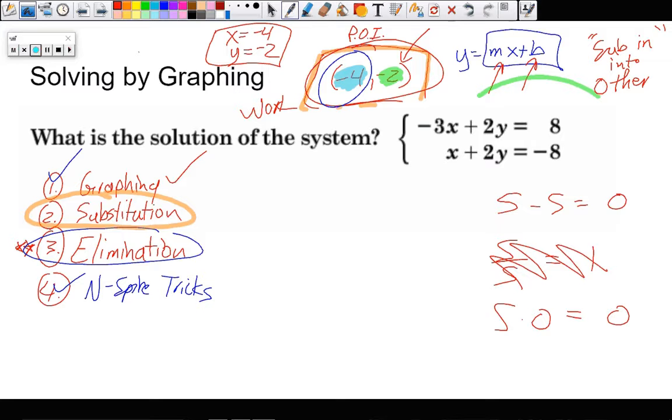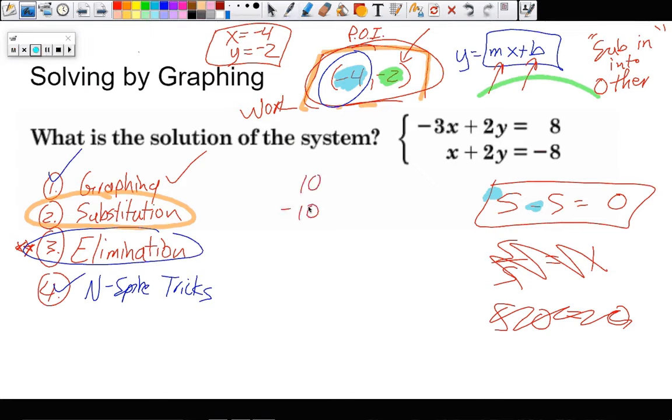We've got to look at the opposite operations. I don't want you to concentrate on just multiplying something by 0, because if you multiply something by 0, the whole thing could be 0, and you have no variables left. What I want you to concentrate on is if I have a positive, try to find the negative pairing, the negative twin. So if I'm trying to eliminate this number, I'm going to try to create a negative 10.